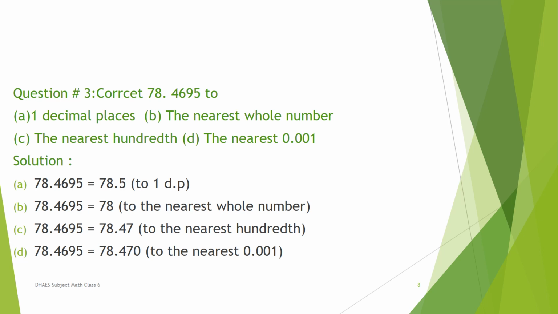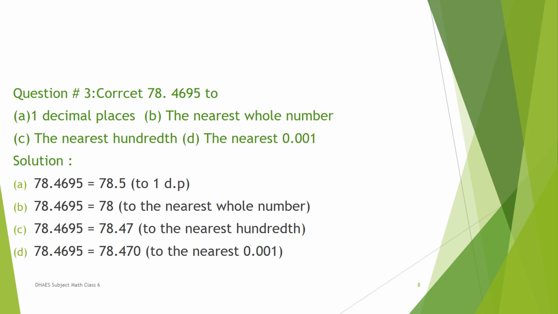In part C, the nearest hundredth means the last three values. In the last three values we have 78.4695, so we write 78.47 because the last three values 695 are nearest to 700, so we write 78.47.